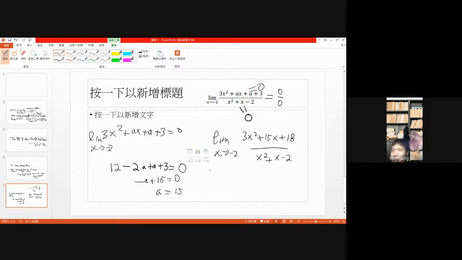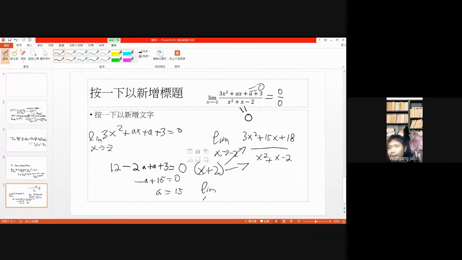What I want to do here is to ensure that yes, we can simplify the equation, and we can derive out x plus 2 factor from the dividend and divisor.